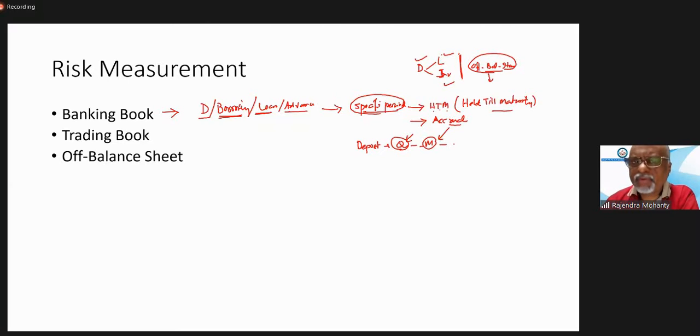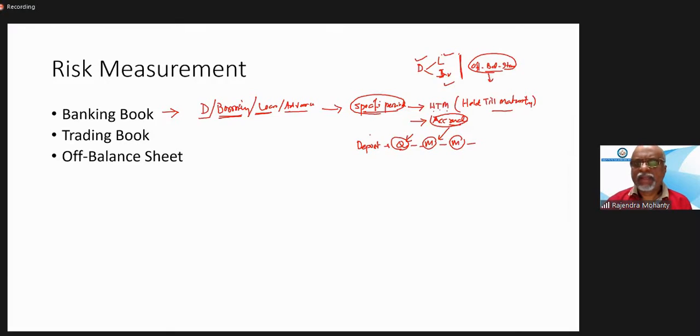Similarly for loans and advances, they are charged at monthly intervals. For borrowing, interest is charged for the period for which it is borrowed. So when the interest accrues, at that point of time interest is charged to this type of account.